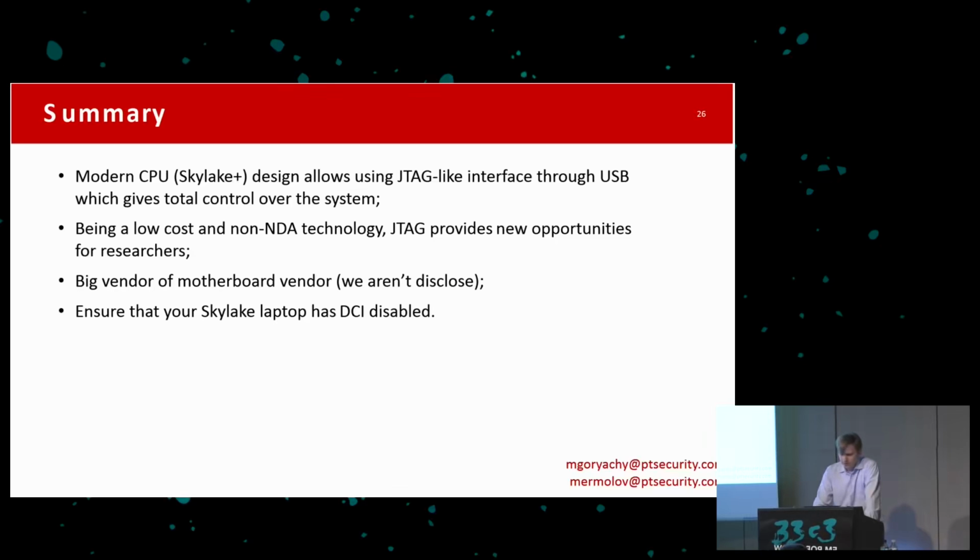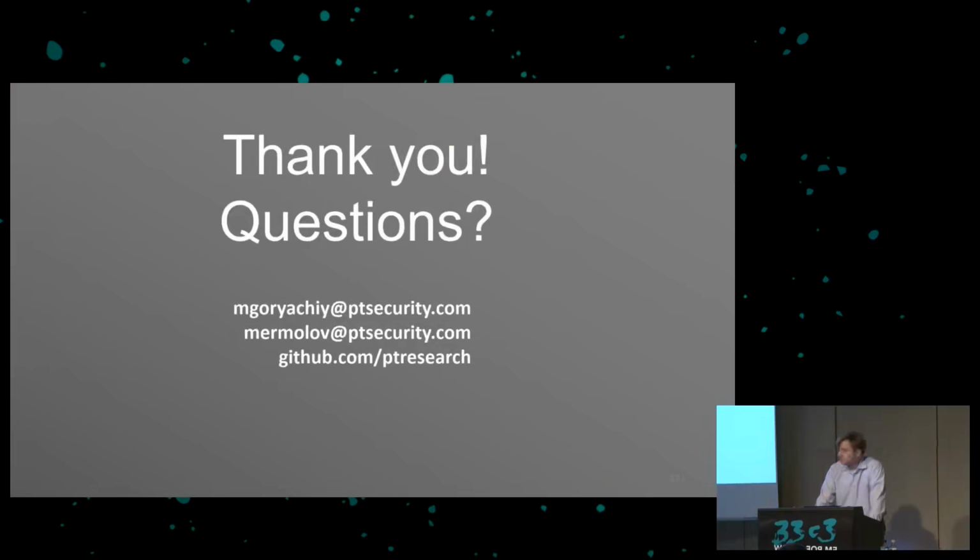And please check your Skylake laptops. And thank you for your attention. And maybe we will publish a special tool on the GitHub of our company, which can help you to check your motherboard. Thank you for your attention.